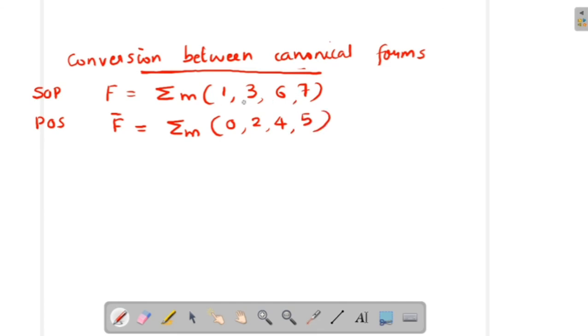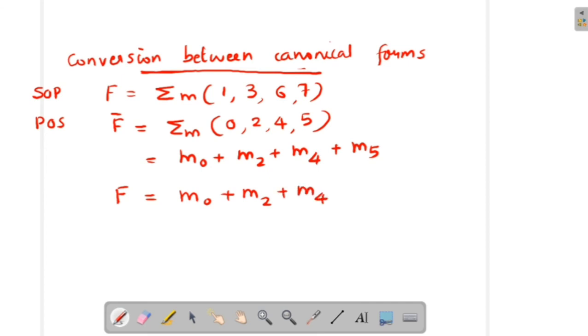That means the missing minterms of the function give the complement of f. So this can be written as m0 plus m2 plus m4 plus m5, right? Then our aim was to find the POS form, that is f itself. So to find f, we take the complement of this one. F in POS form: take the complement, that is (m0 plus m2 plus m4 plus m5) whole complement.